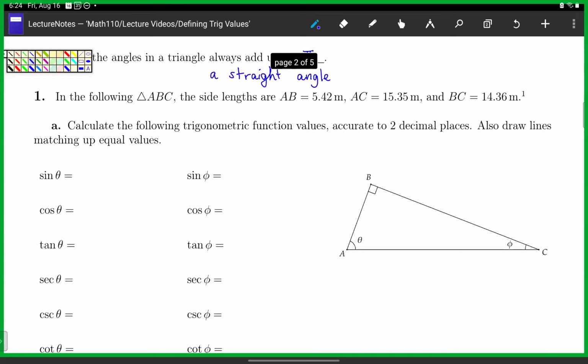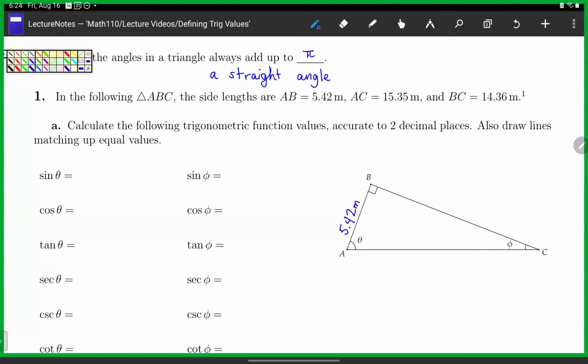Okay, so let's look at an example. I have this triangle. I am given a few side lengths, and I'm asked to find the trig values on these two acute angles. So let's put these numbers in. Side AB is 5.42 meters.